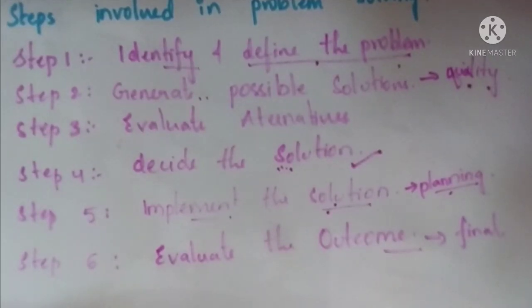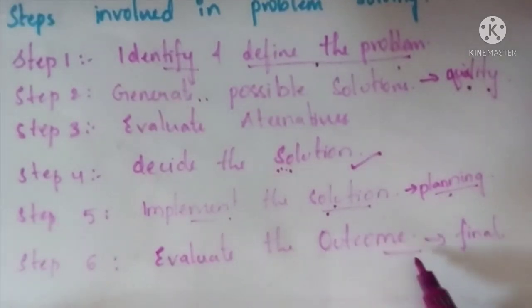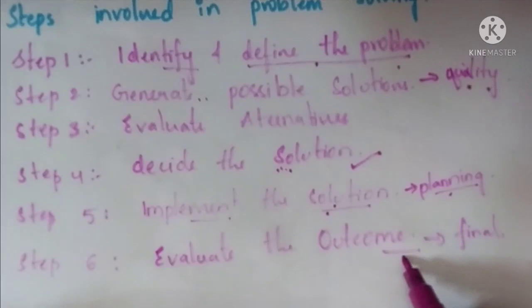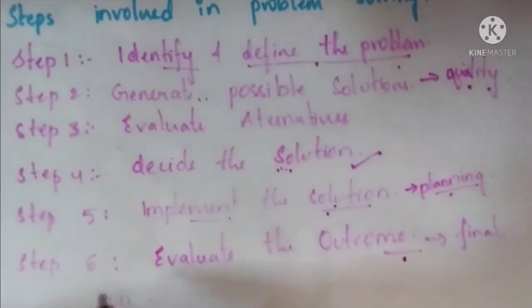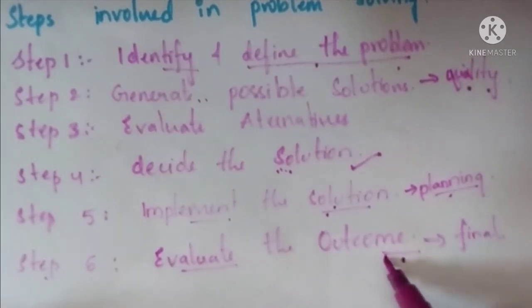After performing all these stages, the last outcome which we are getting is a solution for our particular problem. So the last step is the sixth step: we are going to evaluate the outcome for the solution. It is a must that we evaluate the outcome for any problem, because it is the final stage where we decide the problem solving mechanism.